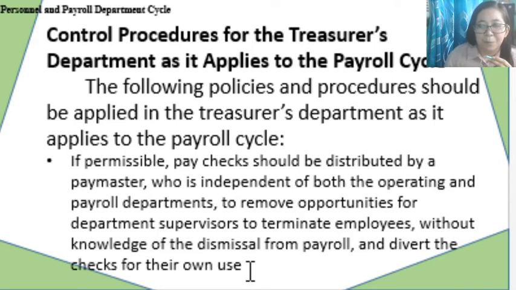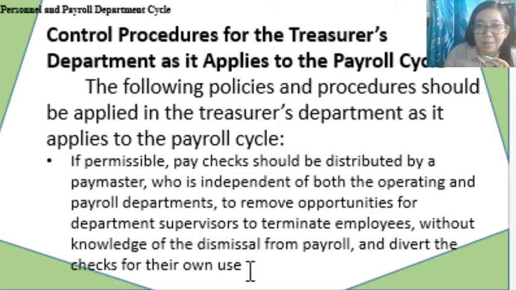So for example, if the payment was made or distributed by the supervisor, then if there is an employee who did not claim it, the supervisor may keep that check for himself, or things like that.